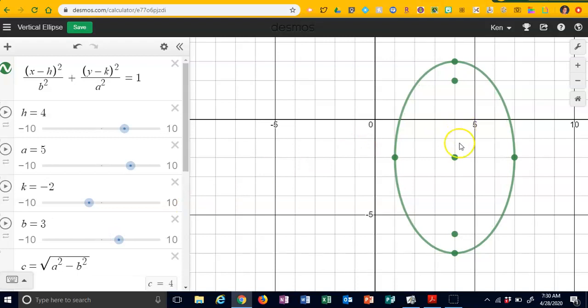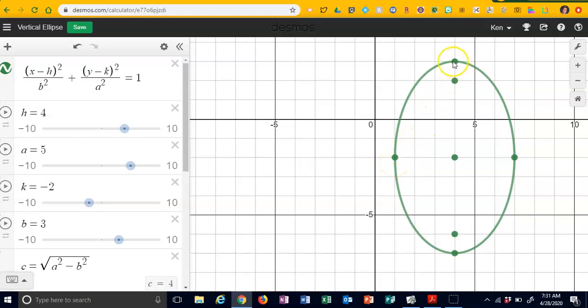So from the center now, I'll go to the right, 1, 2, 3. There's a covertex. From the center, I'll go to the left, 1, 2, 3. There's another covertex. This one is 7, -2. This one is 1, -2. And so I could plot those points there.